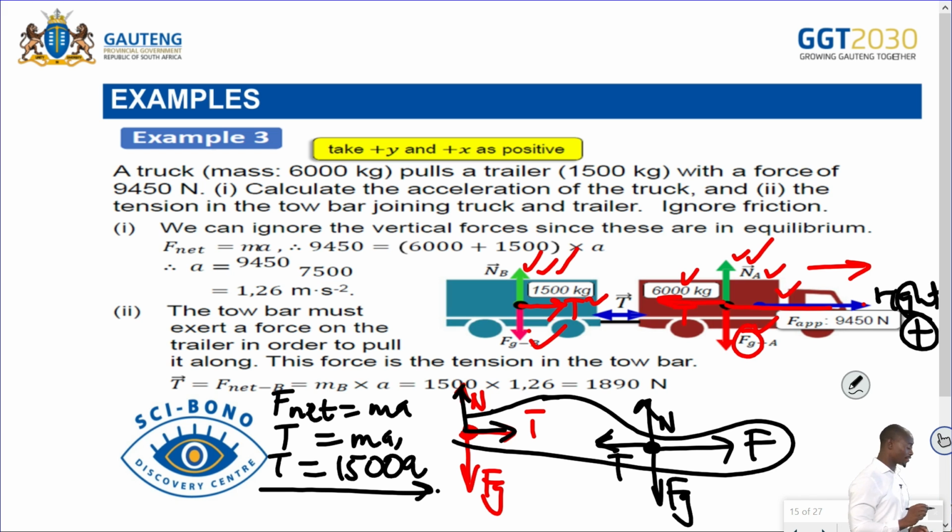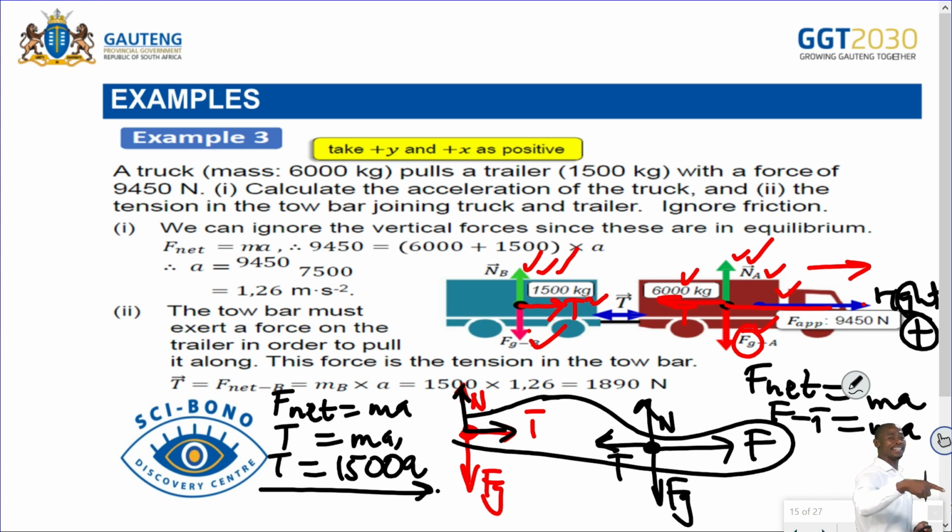Then you come to this one. This is what we want you to do, right? So don't combine all the forces in the system. Focus on each object. Have F net equals MA for each object, all right? So I'm having what here? This side now is F net equals MA. How many forces? It's tension and F. So it's F minus tension equals MA. Why positive F? I'm taking right as positive, so left will be negative, right?